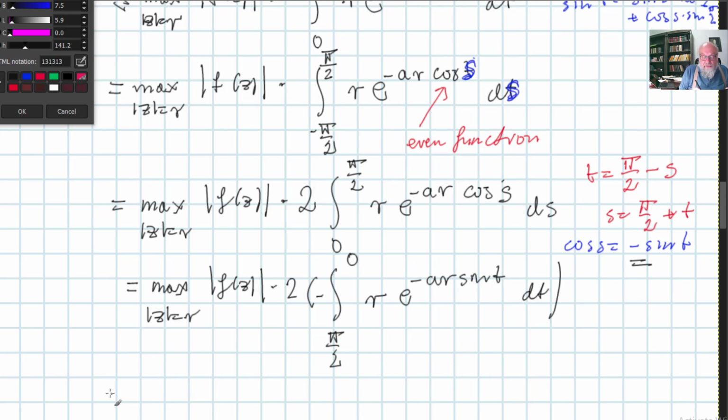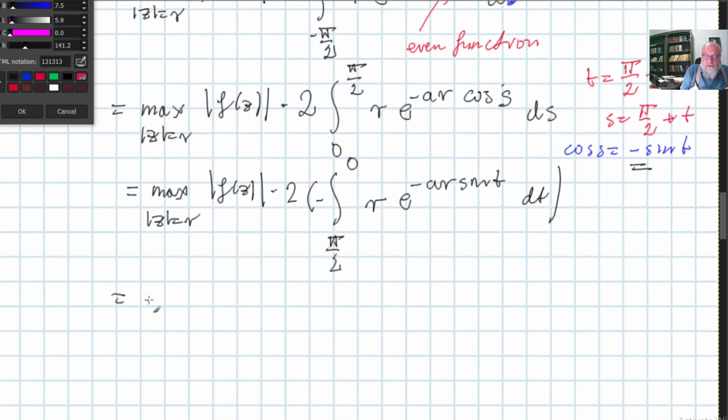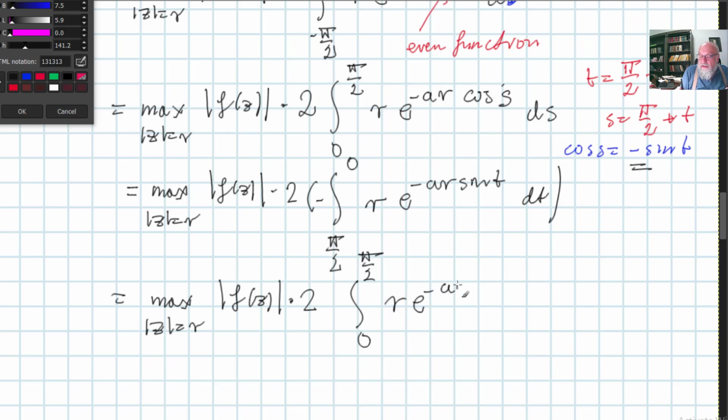And now switch the limits of the integral, and you are getting that the max over |z| = R of f(z) times 2 times the integral from 0 to pi over 2 of R e^(-aR sin t) dt.